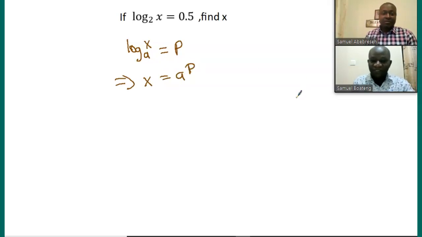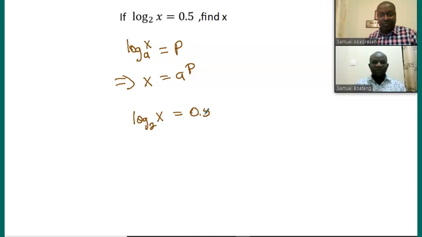So looking at the question, log x to the base 2 is equal to 0.5. This implies that x is equal to 2 raised to the power 0.5.